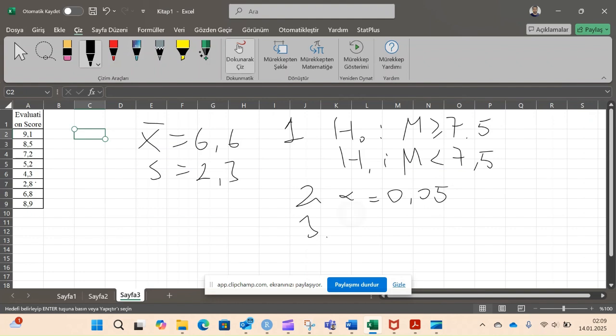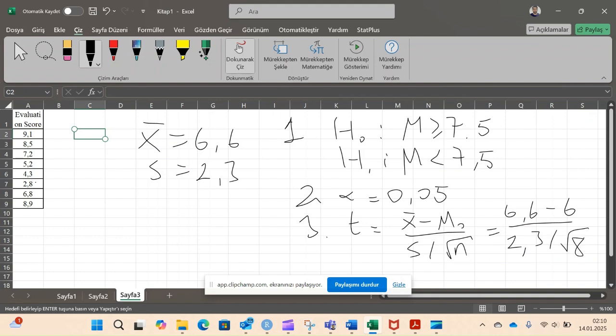And the third step, calculate the test statistic, which is the t value here. The formula is nearly the same: x mean minus mu 0 divided by the sample standard deviation now, divided by square root of n. So again 6.6 minus 6 divided by 2.3, because we calculated the sample standard deviation as 2.3, divided by square root of n, which is 8.